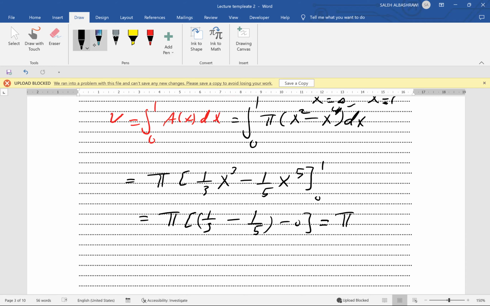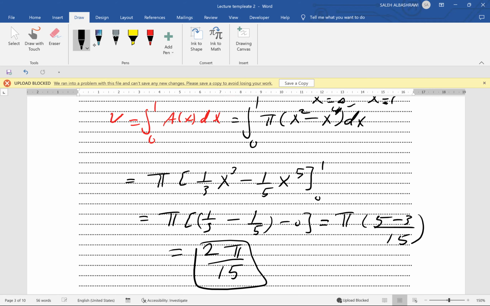That will be pi times 1/3 minus 1/5, which is 5 minus 3 divided by 15, equal to 2 pi over 15.